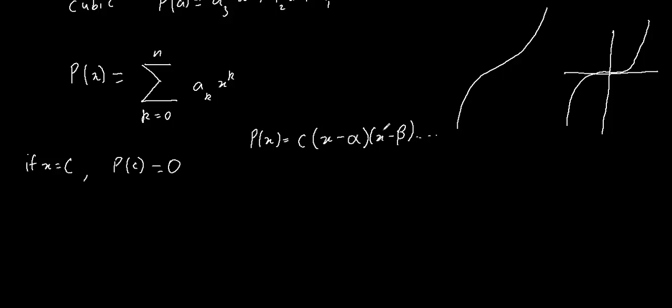If any one of these is equal to 0, then because they're all multiplied together, they're all going to produce a value of 0. And p of x is our y value. So if any of these values become 0, we get an x-intercept. We have our graph touching or crossing the x-axis as y equals 0.